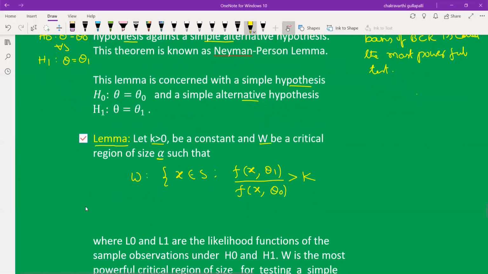This implies W is equal to L1 by L0 greater than k, and W bar is equal to L1 by L0 less than or equal to k.